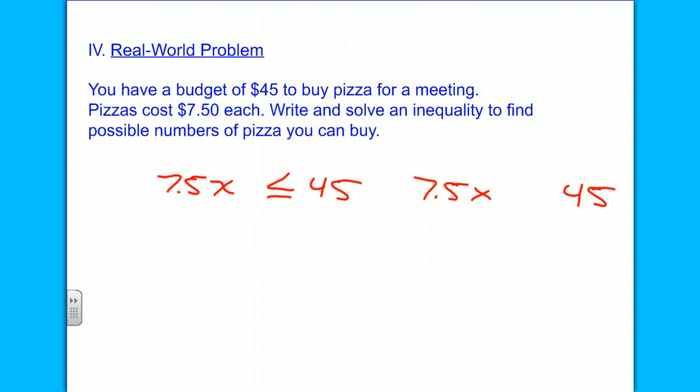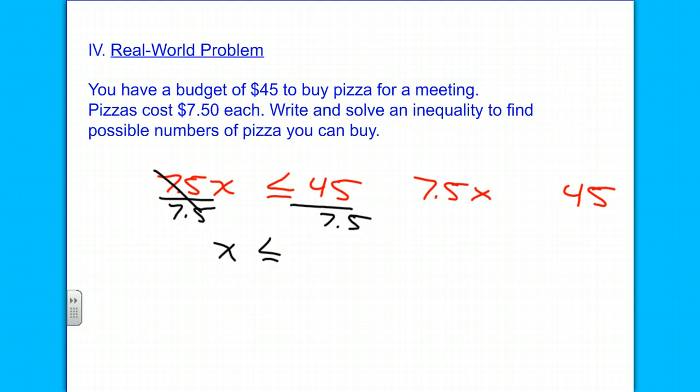Divide by 7.5. Good. He knows what we need to do. X is less... Hey, did that change our sign, that division? No. Okay, so how many 7.50s go into 45? Do you know? 6 apparently.